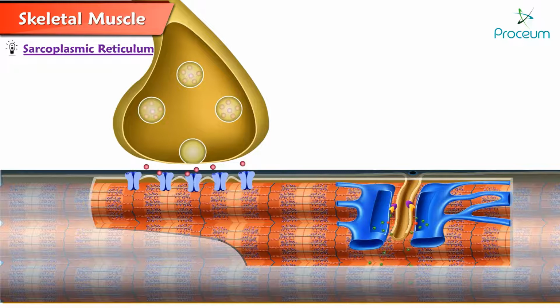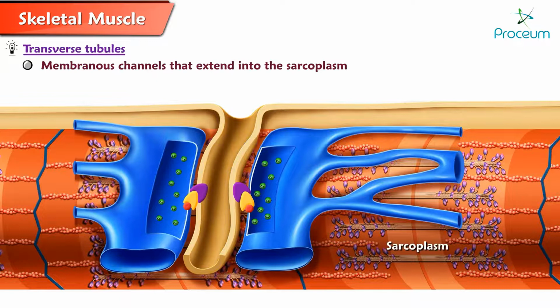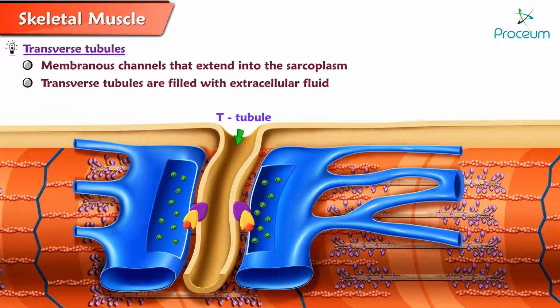reticulum into the sarcoplasm. Transverse tubules. They are a set of membranous channels that extend into the sarcoplasm as invaginations continuous with the muscle cell membrane, the sarcolemma. Transverse tubules are filled with extracellular fluid and extend deep into the cell.